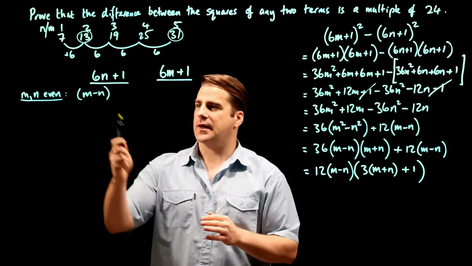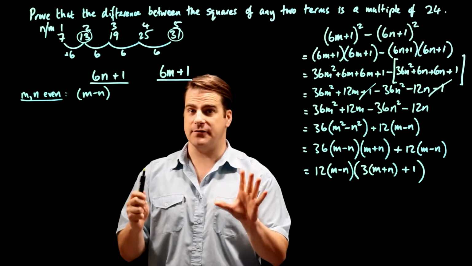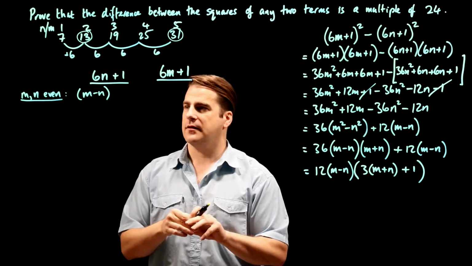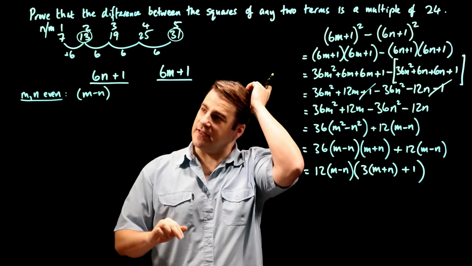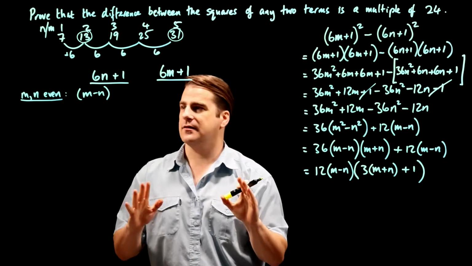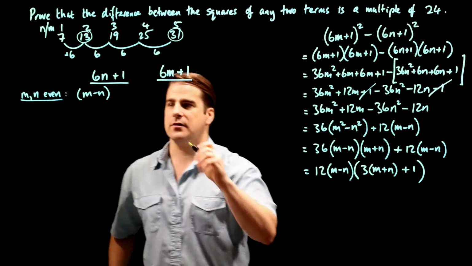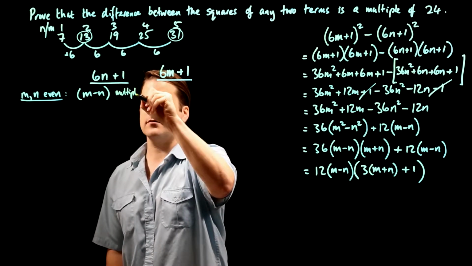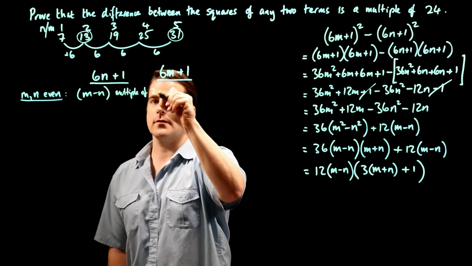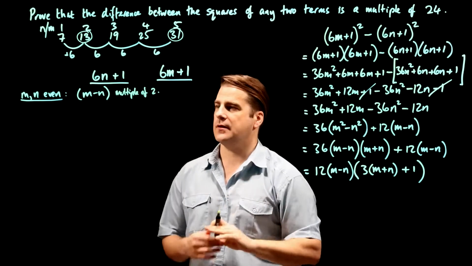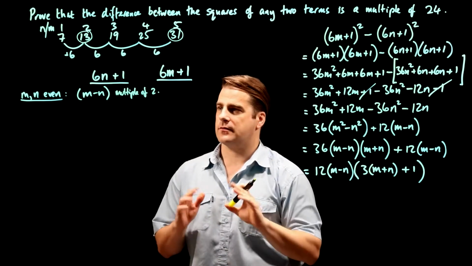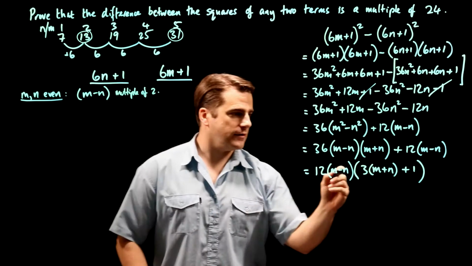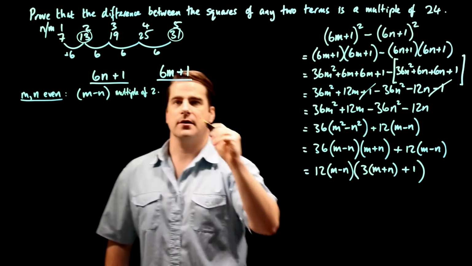Okay, if you subtract two even numbers, you get an even number. And we also know that m is at least 2 bigger than n. So therefore, that must be a multiple of 2. Okay? Good.